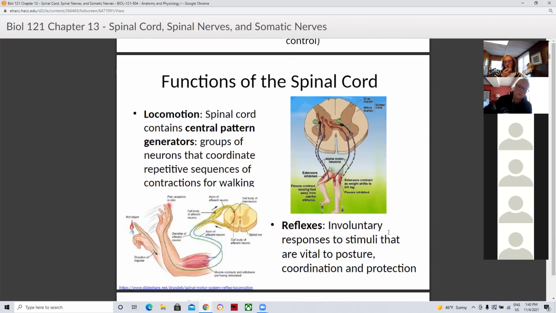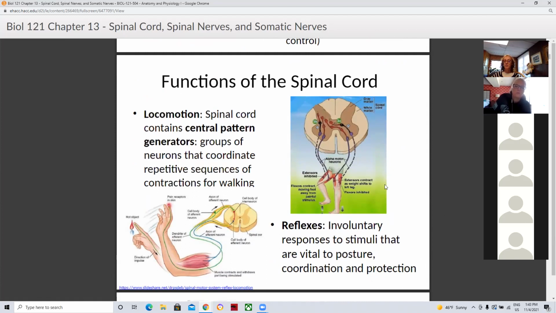Locomotion. The spinal cord contains central pattern generators. So these are groups of neurons that coordinate repetitive actions of contractions for walking. This is why when you learn how to walk, most often you'll never forget how to walk once you start.